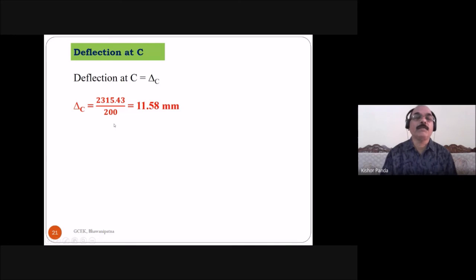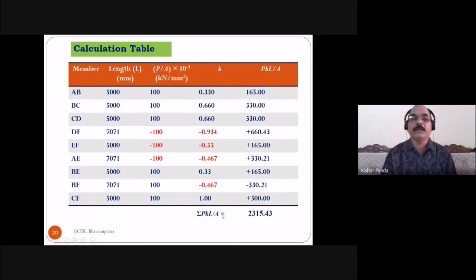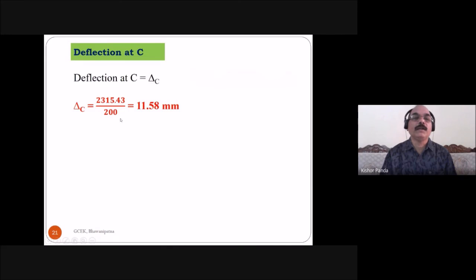You know the deflection formula is the summation of PKL divided by A, and you have to divide by the modulus of elasticity. So this is the deflection at the point C, equal to 11.58 millimeter.